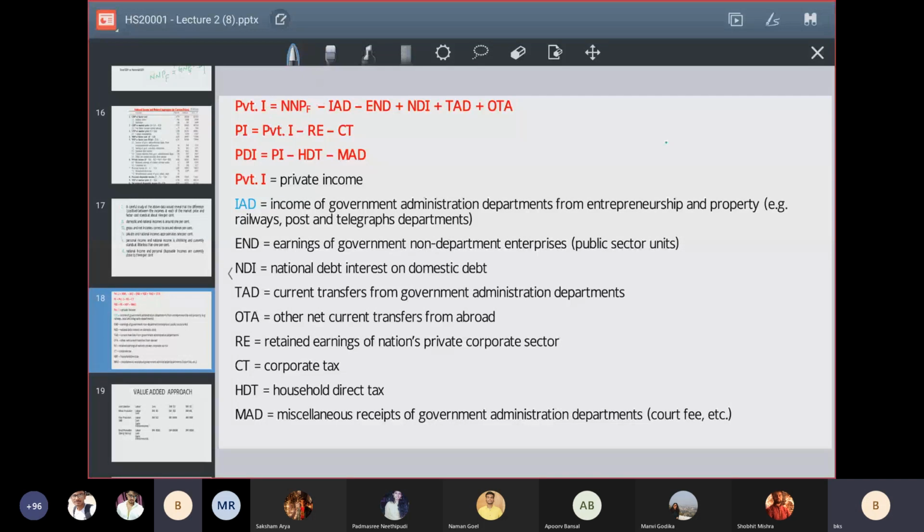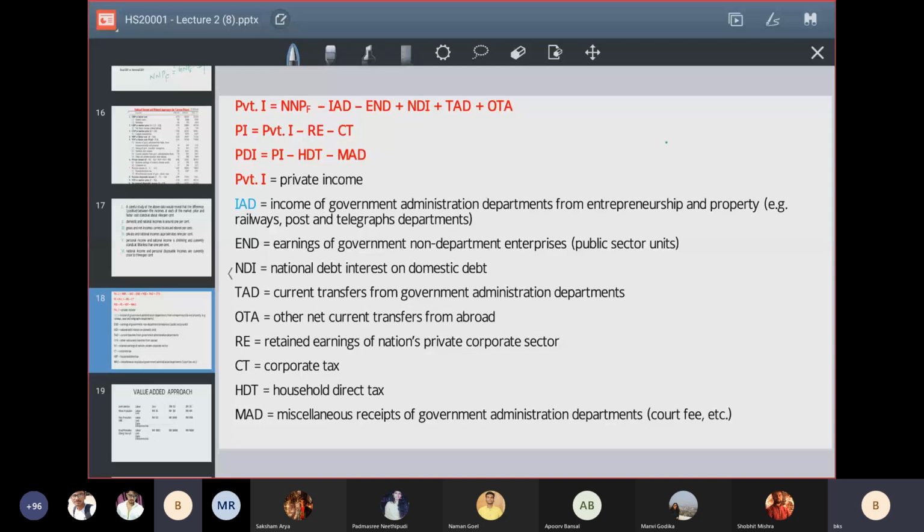Then the corporate taxes paid by the corporate sector are also deducted. So personal income is nothing but private income minus retained earnings minus corporate taxes.